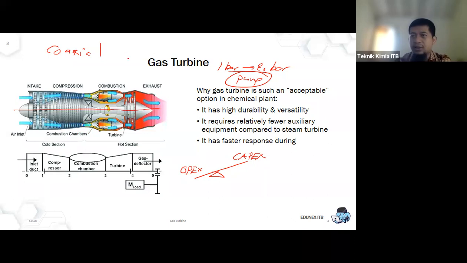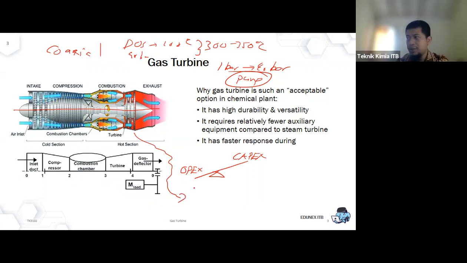So when you did your steam calculation, maybe at the saturation point it was 100 degrees Celsius, but at 40 bar maybe the temperature is around 300 or 350 degrees centigrade. But for the gas turbine, especially the combustion and turbine, it has to withstand the combustion temperature, maybe 800 till 1,200 degrees centigrade, around those temperatures.